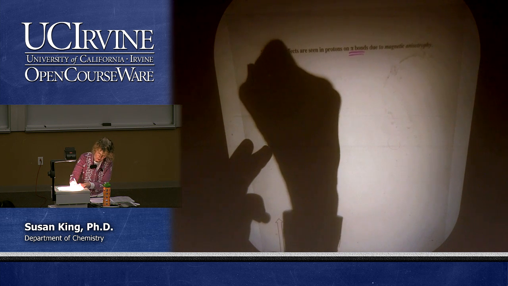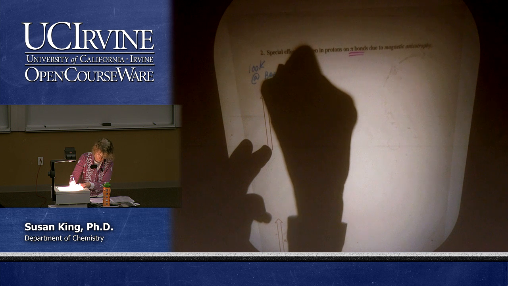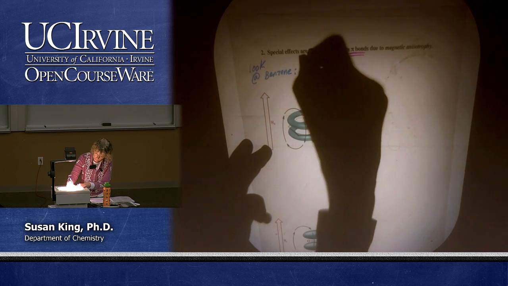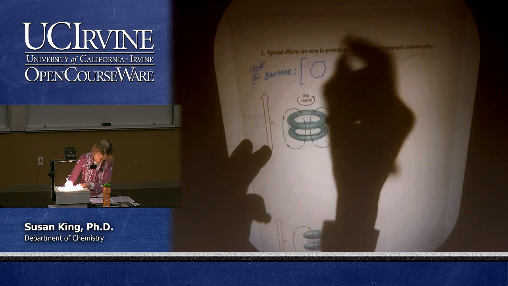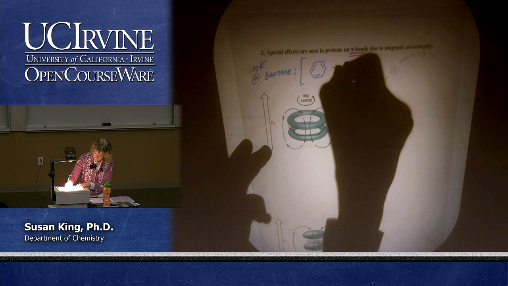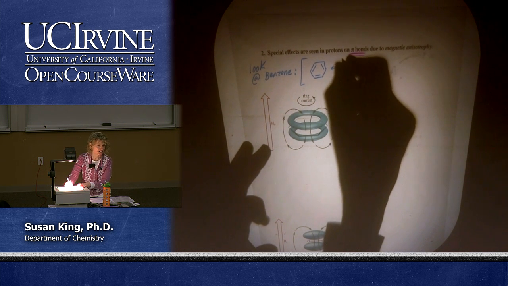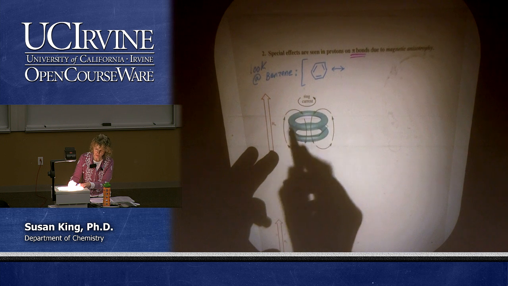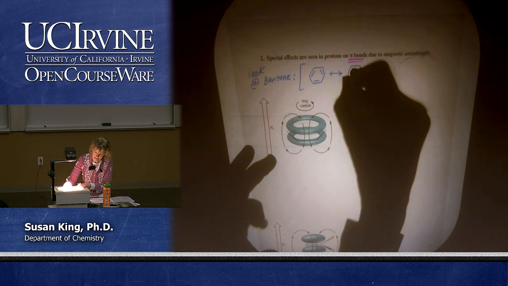So let's look at benzene. We're going to start with benzene. I talked about the donut of charge already, and I didn't realize I hadn't covered that yet, because you guys kind of snickered at that. That's what I'm talking about right there, the donut of charge. So we know that benzene is resonance stabilized.